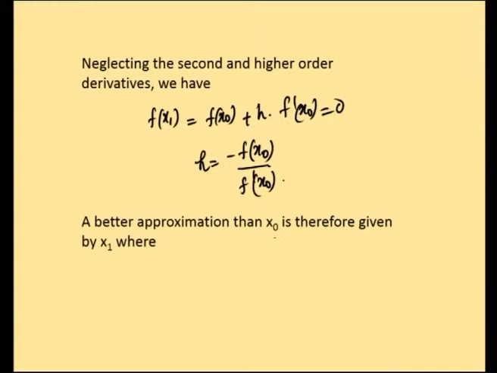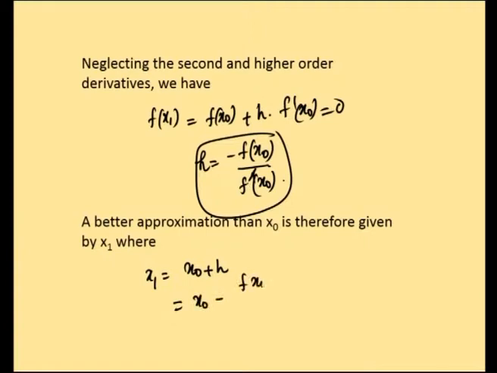A better approximation than x0 is therefore given by x1, where x1 = x0 + h, right? That h is now -f(x0)/f'(x0). So, x0 - f(x0)/f'(x0). This is x1.